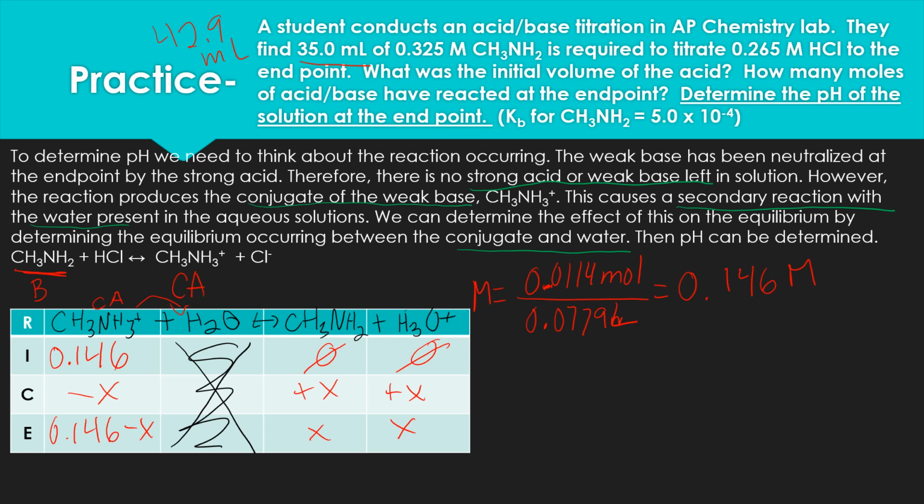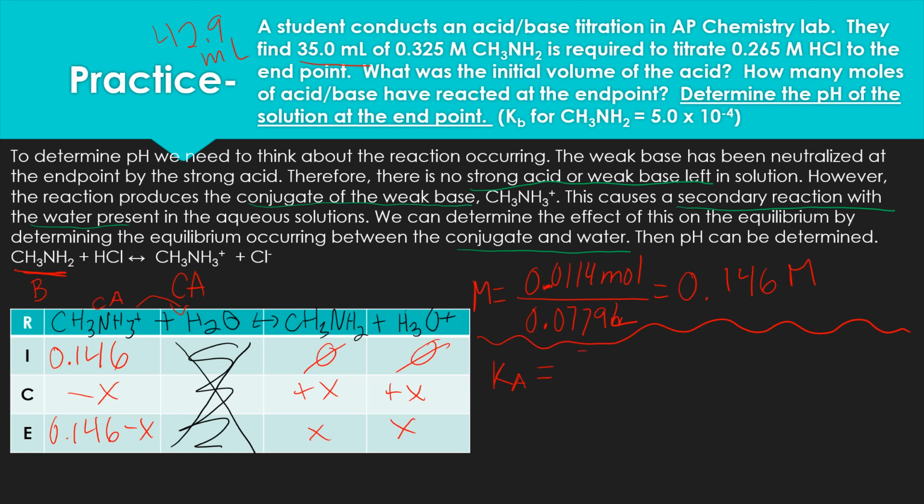Okay, now we want to solve for X, right? We've done that before with RICE tables. Well, if we want to solve for X, we need a K value to plug in. We can write an equilibrium expression. So this is our Ka because it's our acid reacting.